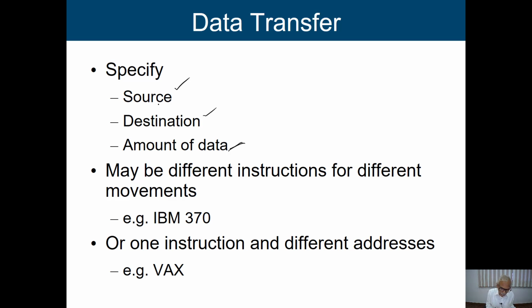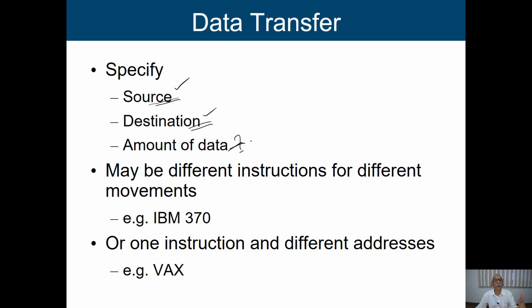That means you have to specify what is the source, then you have to specify what is the destination, and you have to say what is the amount of data that we are going to transfer. So basically these are the 3 inputs that we have to give, and accordingly the instruction is going to perform the task. That means we have some instruction which is going to perform this particular data transfer operation.